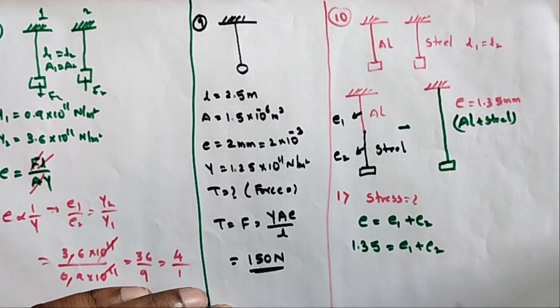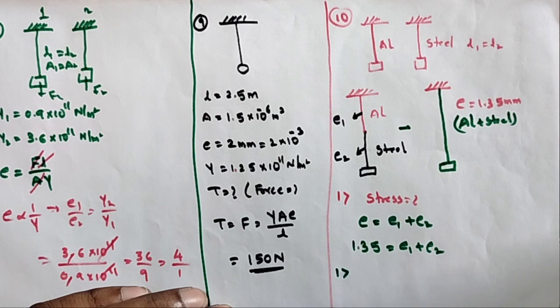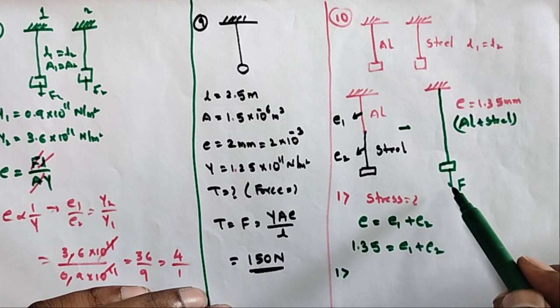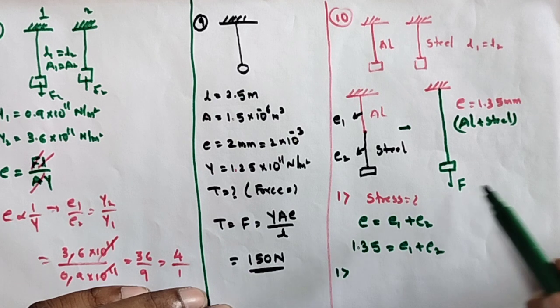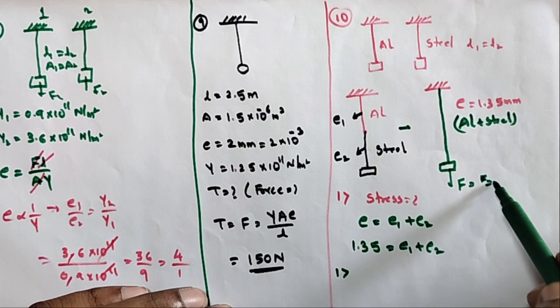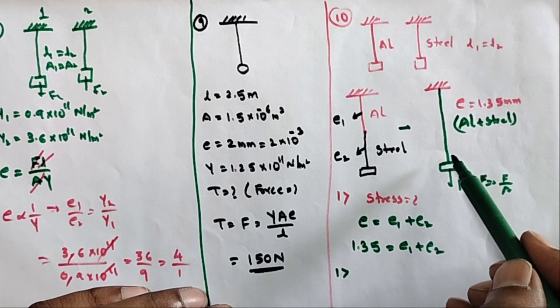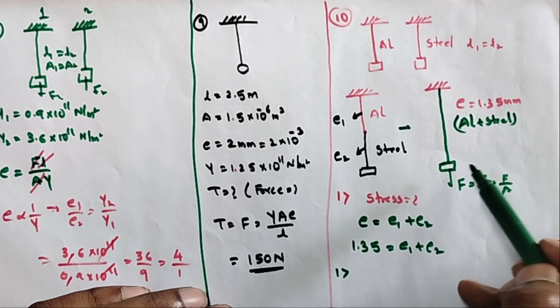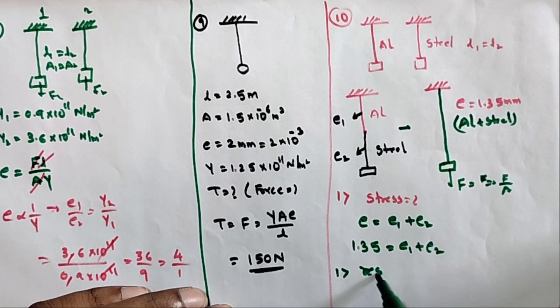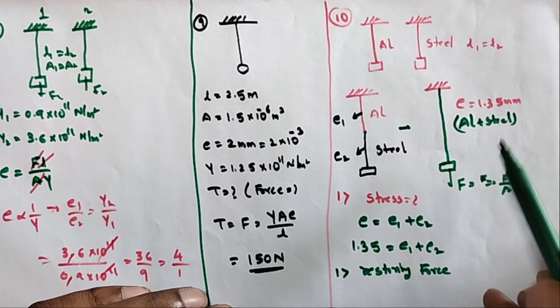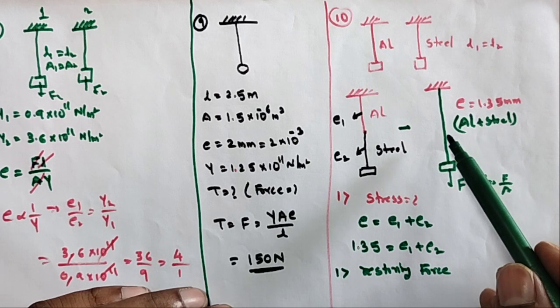First, what is the stress? When the force is acting, stress is equal to force per unit area, F by A. The restoring force will be equal in both, and the area of cross section is also the same.